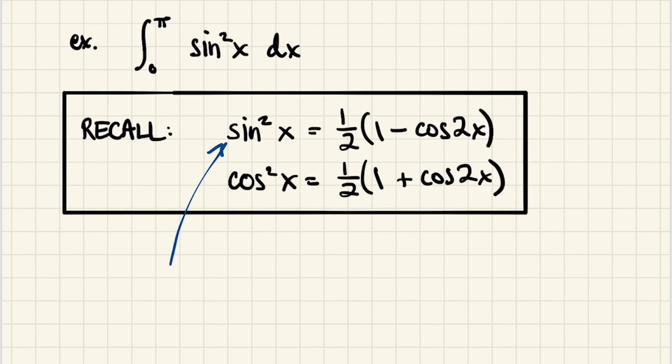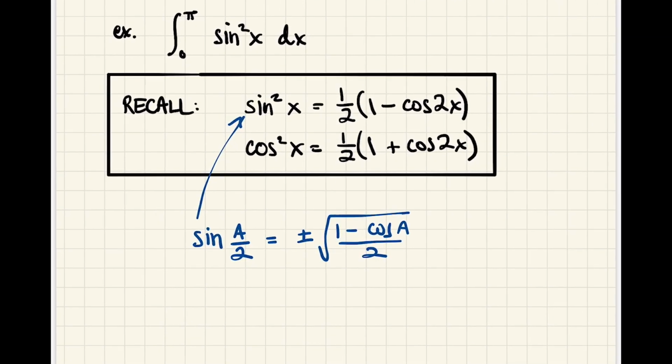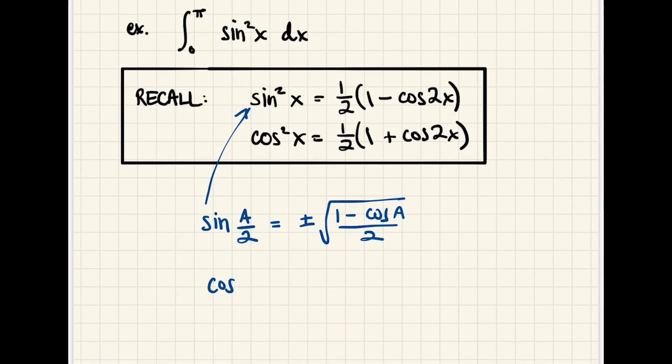For instance, you probably saw that sine of an angle a over 2 is equal to plus or minus the square root of 1 minus cosine of a, all divided by 2. And similarly, cosine of a over 2 is plus or minus the square root of 1 plus cosine of a, all over 2. And that's typically how they're presented in a trigonometry class, and they're called half-angle identities in that context.